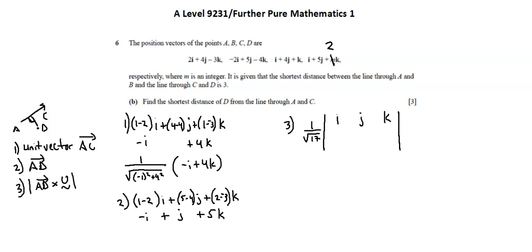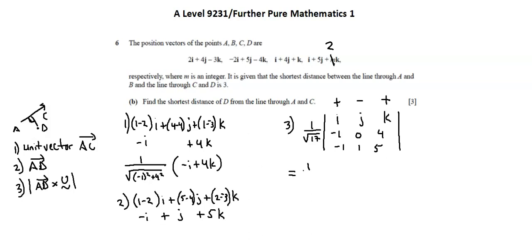And looking at the i, j, and k components of AC, negative 1, 0, and 4. Then AD, negative 1, 1, and 5. Let me note at the top of the vector product calculation, plus i minus j plus k, a reminder to multiply the minor determinant for j by negative 1.